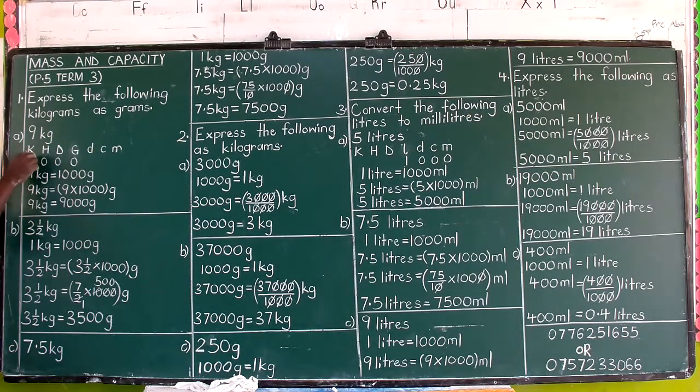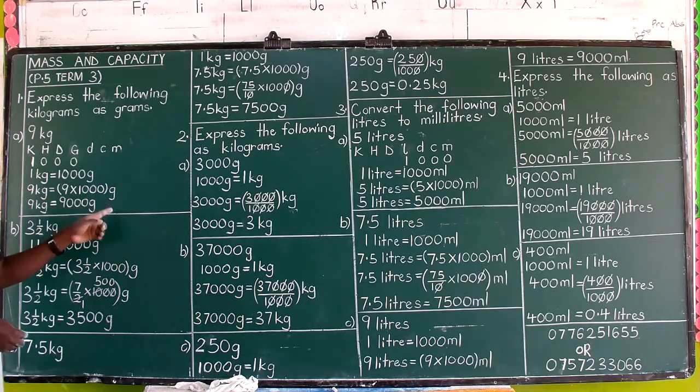So the K is here, right away, a 1 against it. Then write zeros up to D where grams are. In so doing, you will have formulated the fact that 1 kilogram is equal to 1,000 grams. What about 9 kilograms?